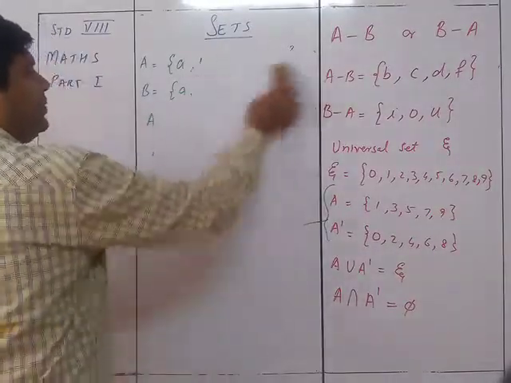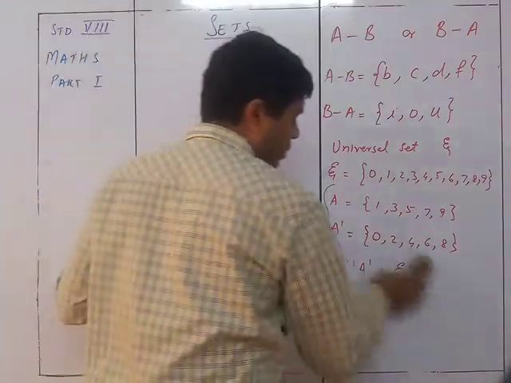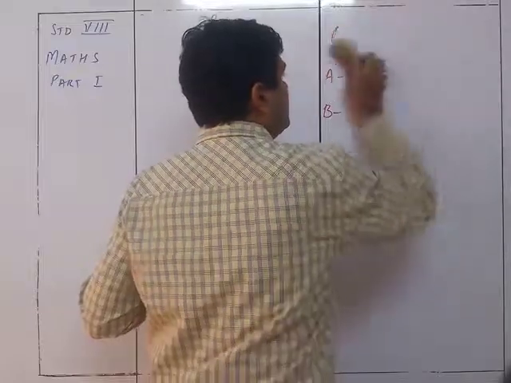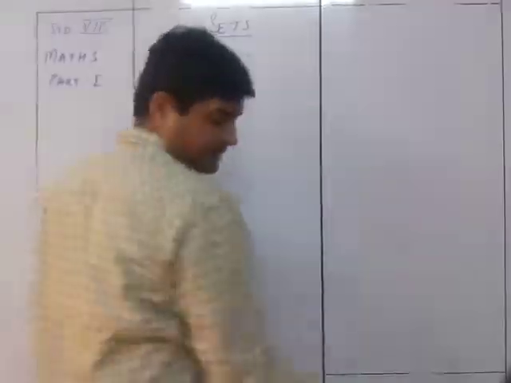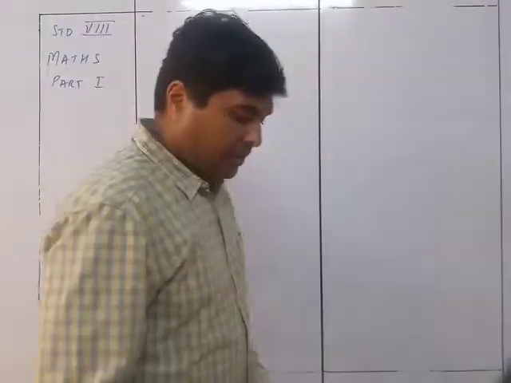In fact, you can now note down certain important results and laws so that it is easier for you to solve the exercise. So we see one by one the things.